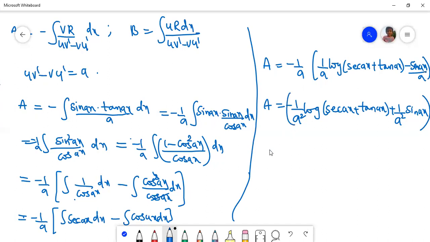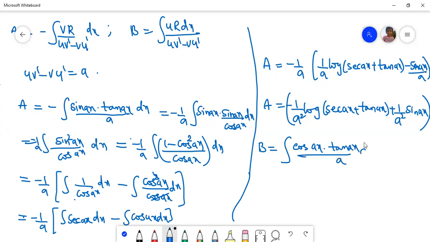This is the a. The same way, find out b. b is easy. b equal to integral u r by a dx, where u is cos ax and r is tan ax.